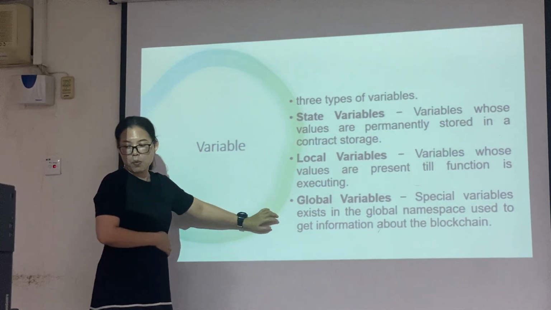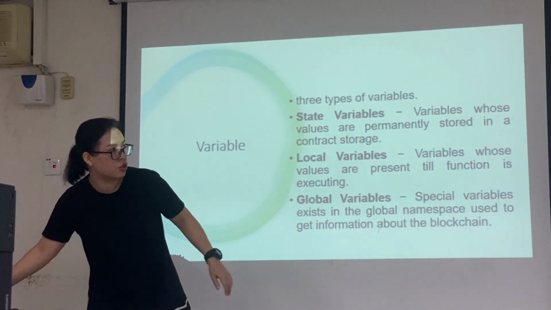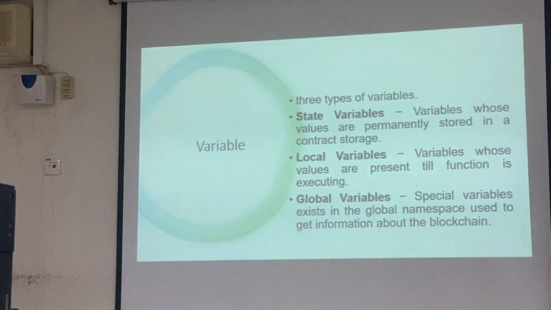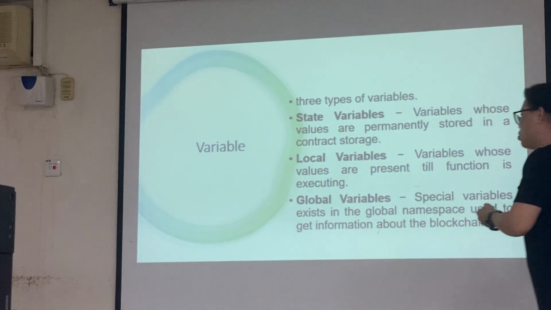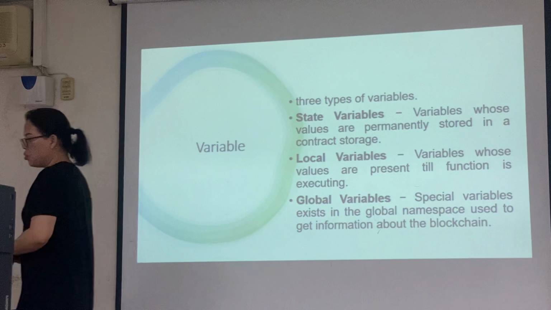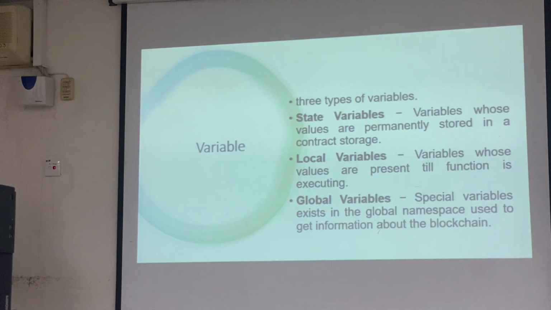So now you already understand state variable and local variable, then we have the global variable. One of the global variables that you saw is msg.sender. Okay? msg.sender is very commonly used to retrieve the account address.